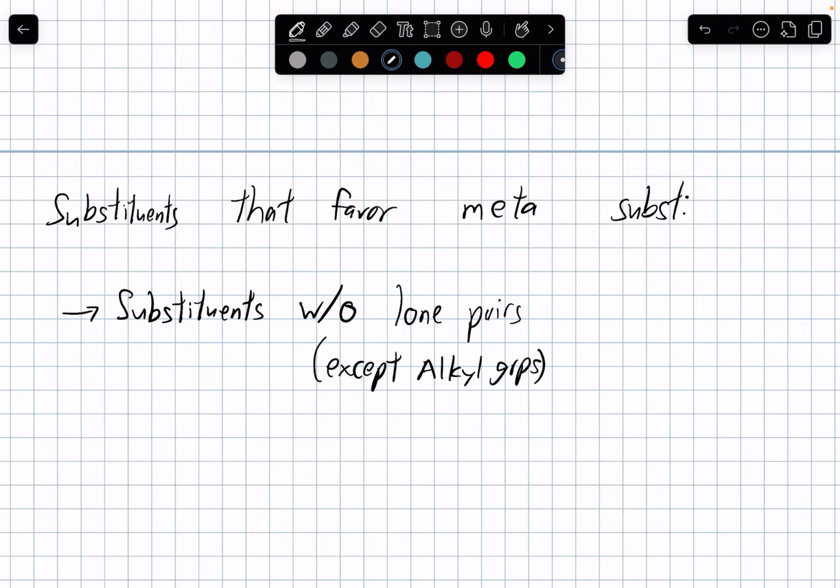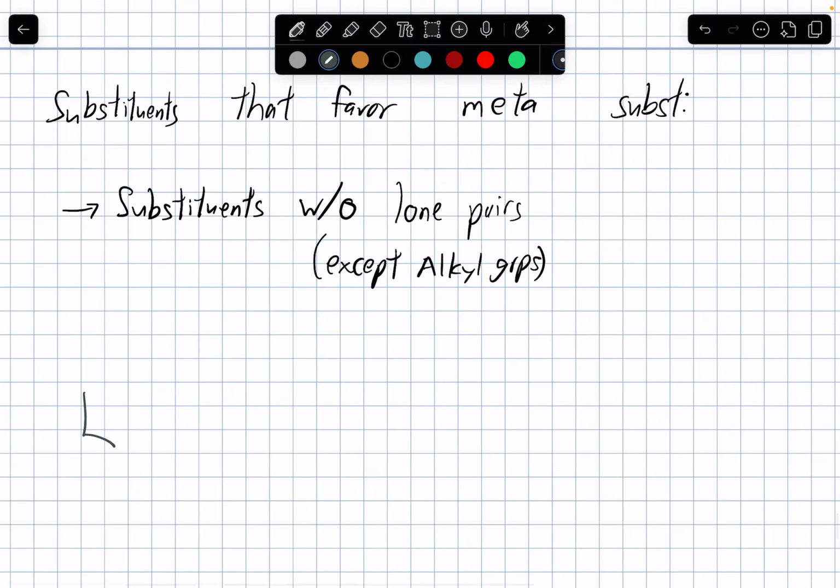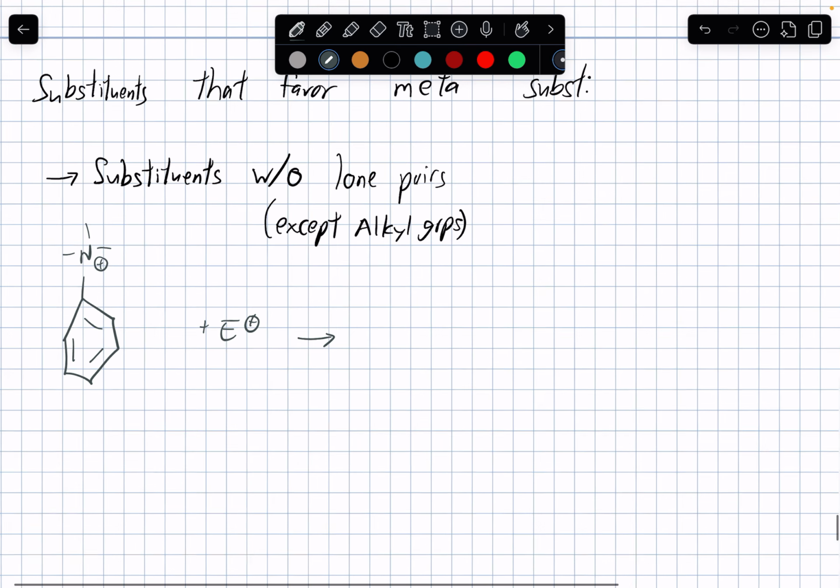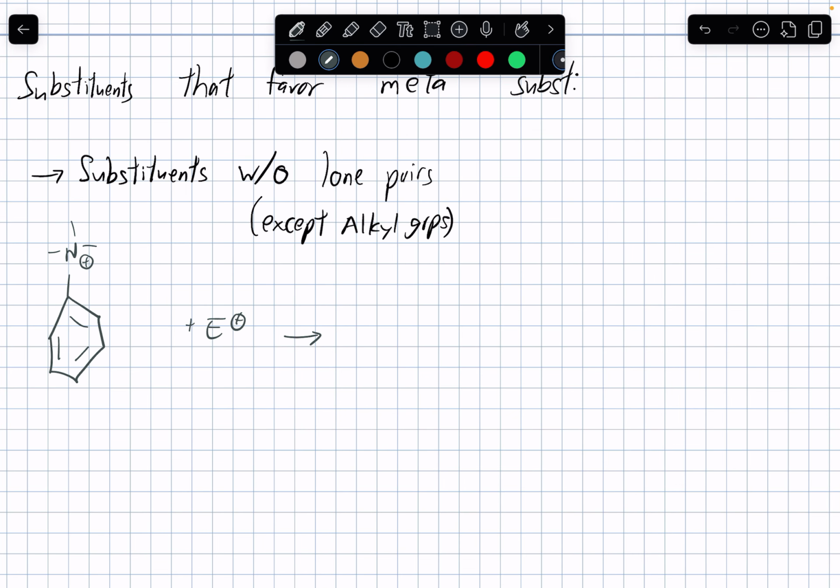Let's have an example to prove the point. So this is a substituent without lone pair. We react it with an electrophile. What do we get? We have three resonance structures for this, no?